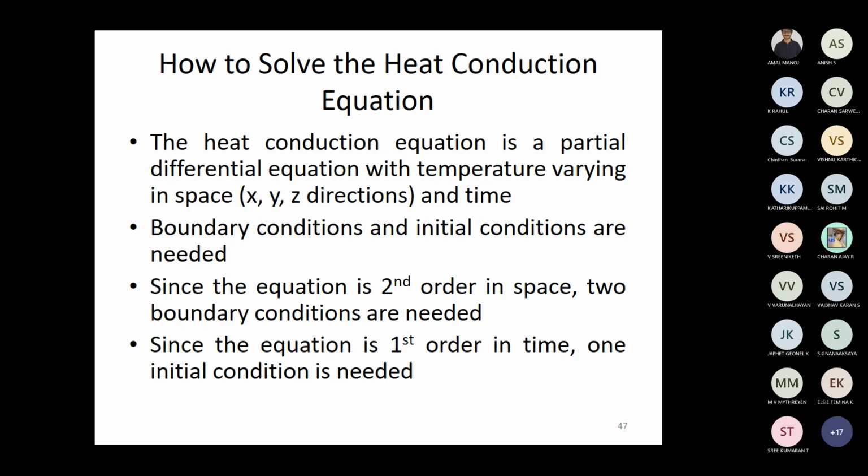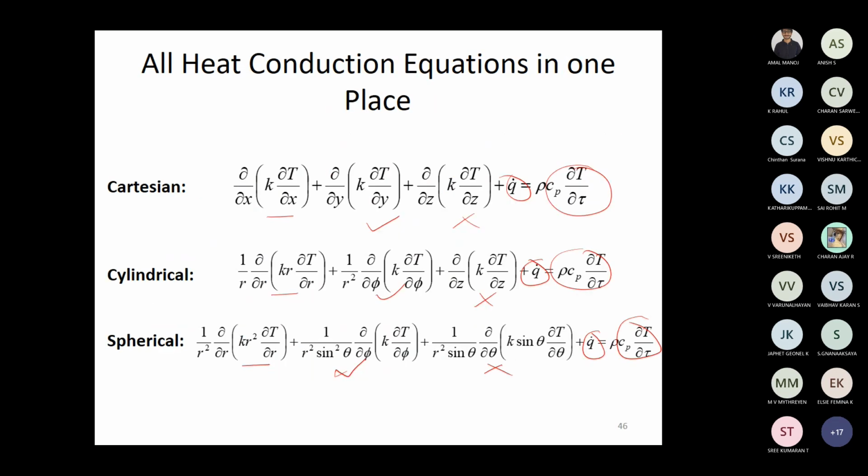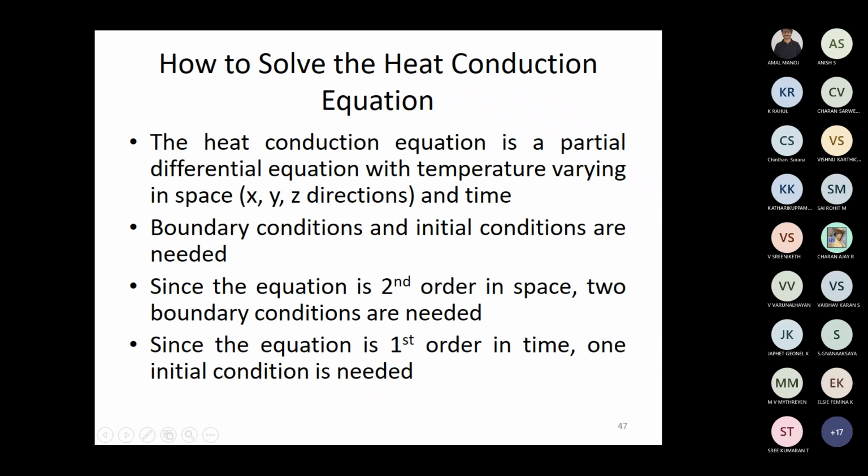Now just see how many unknowns are there in this equation. Temperature is the unknown, but to solve this, if you take k out, it will become dou square T by dou x square. That means you will have to differentiate. To solve the differential equation, you will have to integrate it. When you integrate, every time you get one constant of integration.